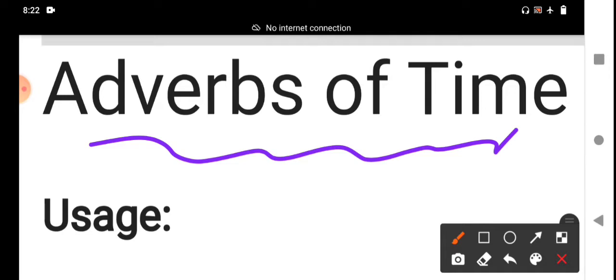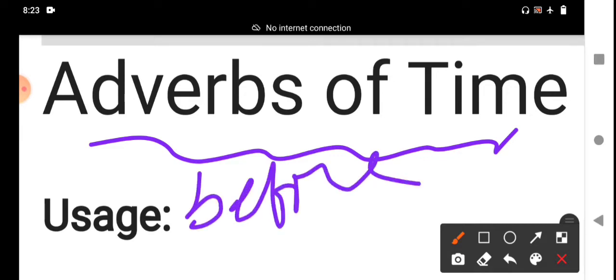Basically, adverbs of time show when an action happened, at what time that action happened. When did it happen? That is the question we pose, and the answer is the adverb of time.